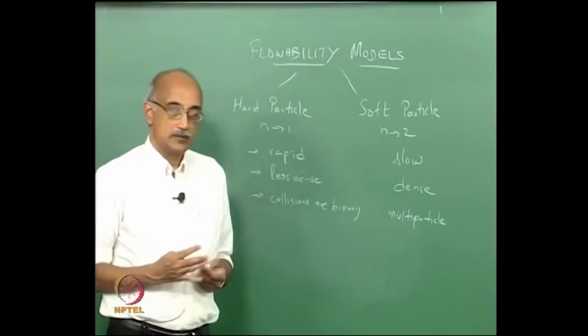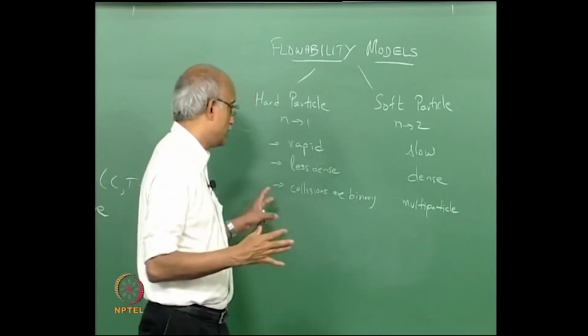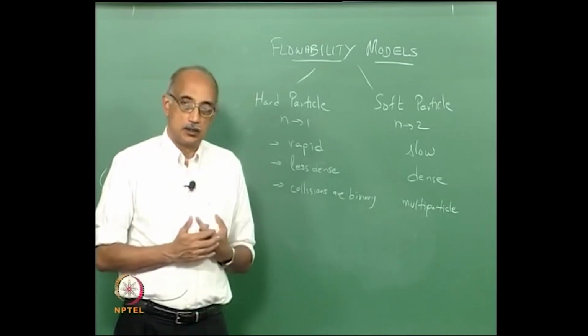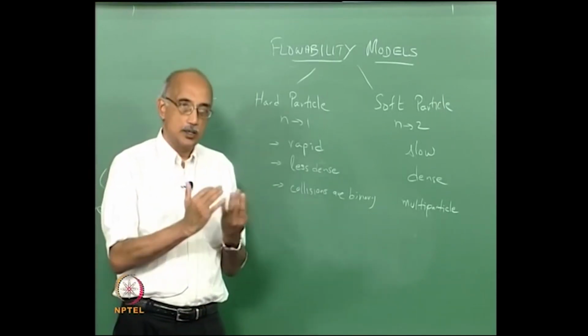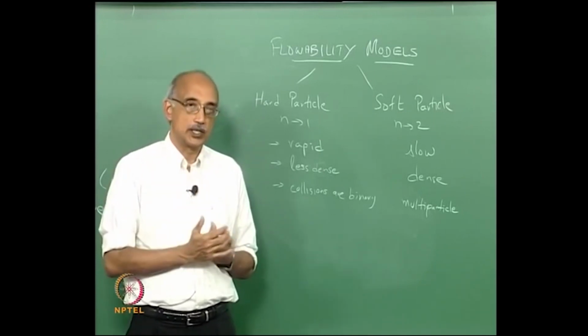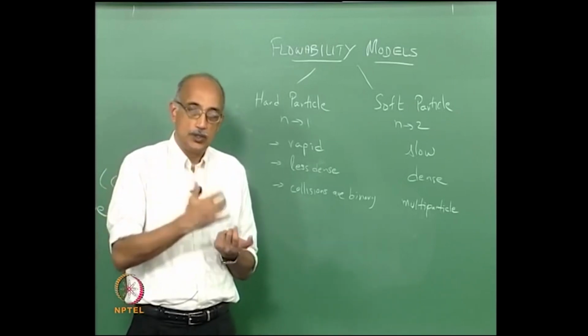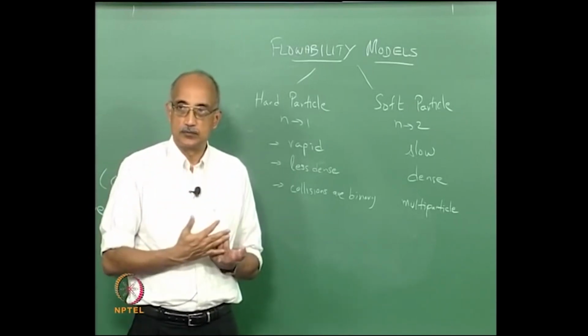As you can imagine, when you have a material which is completely non-cohesive, essentially there will be no correlated motion between the particles. So, one particle will essentially bounce against another and it will go in a different direction. So, the collisions become sequential.